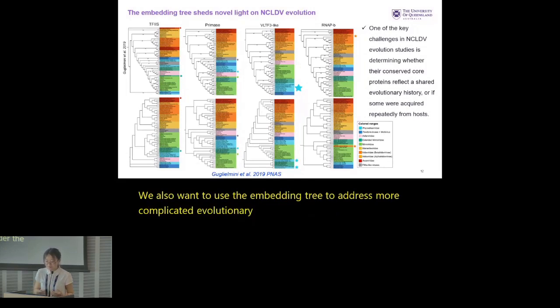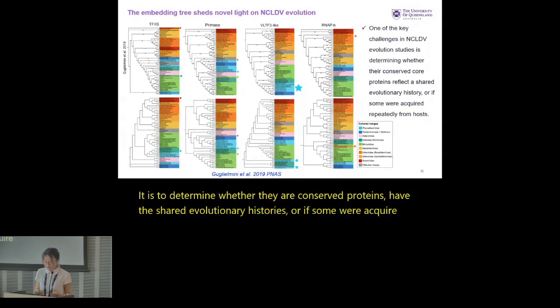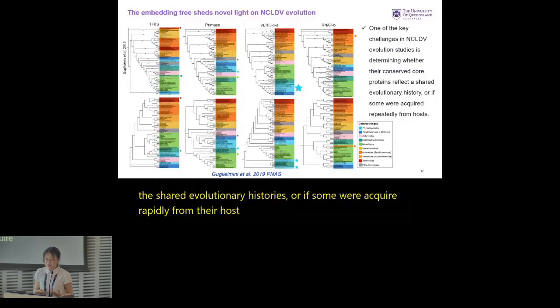One of the key challenges in these evolutions is to determine whether their conserved proteins have shared evolutionary histories or if some were acquired rapidly from their host. In the previous research, the authors identified eight conserved proteins and built the ML trees.